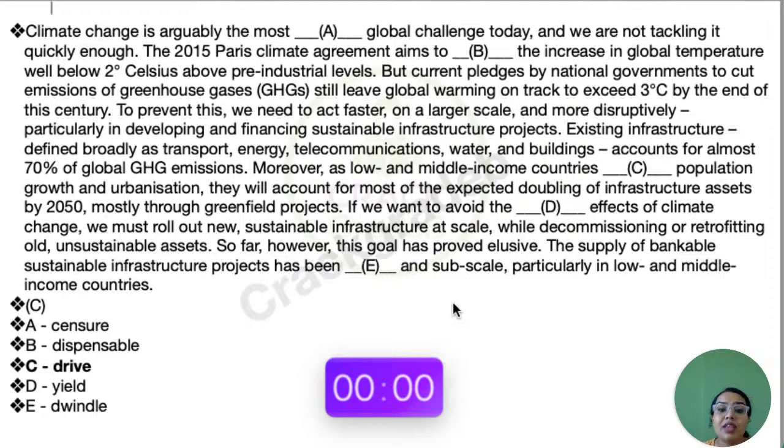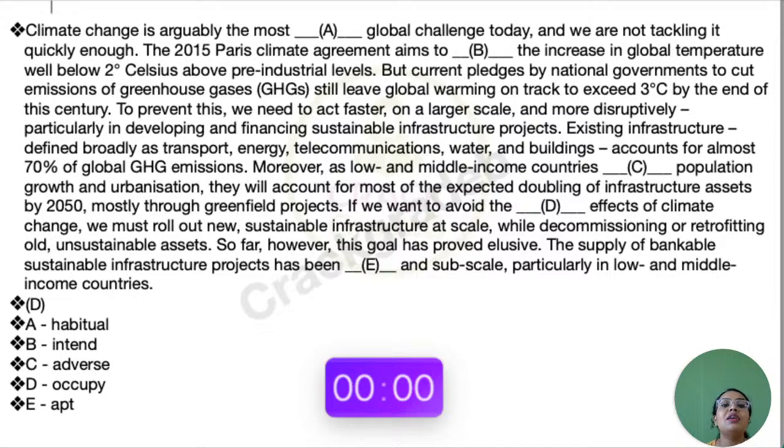It is disposable. So again I cannot use it. Yielding, bringing output out of something. Dwindle is to get smaller in size, shape, or amount, to decrease. So these countries are not doing any other thing, because whatever action is happening, it is happening on the population growth and urbanization. So these countries are driving it.